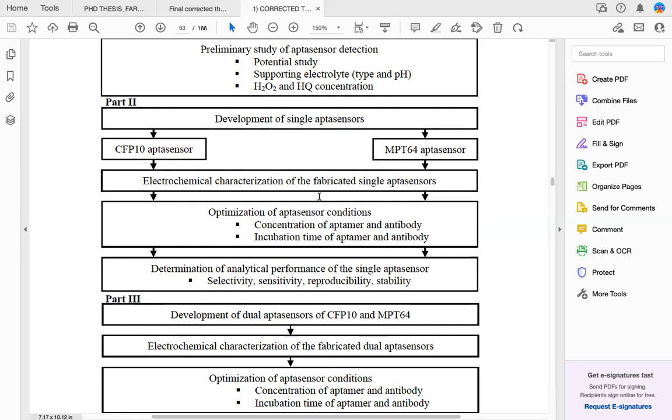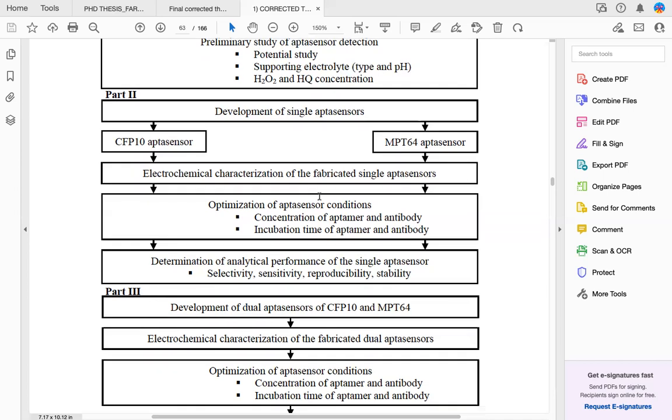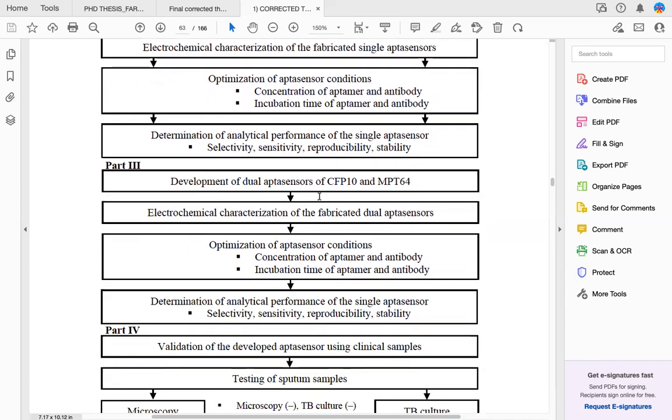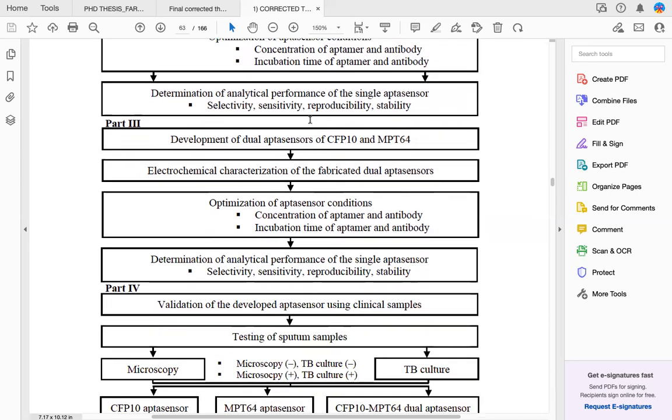And I will show you another example, of course, that this is just an example, but a lot on the sensor part, electrochemical characterization, but just follow the discussion. And part 3, because actually it's just an extension from part 2, is the combination of those 2 biomolecules. Part 2 separately, part 3 combined.